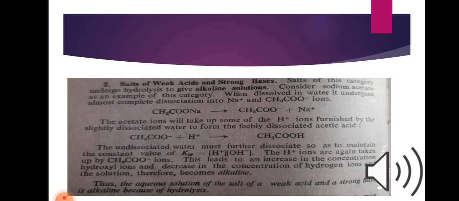There will be an increase in the concentration of hydroxyl ion and decrease in the concentration of hydrogen ion, and the solution therefore becomes alkaline, because hydroxyl ion concentration is increasing and there will be a decrease in concentration of hydrogen ion.